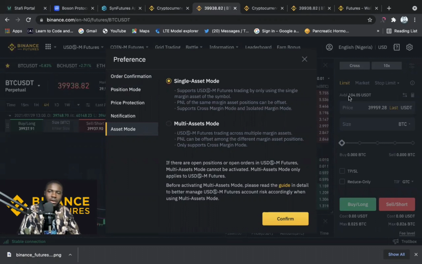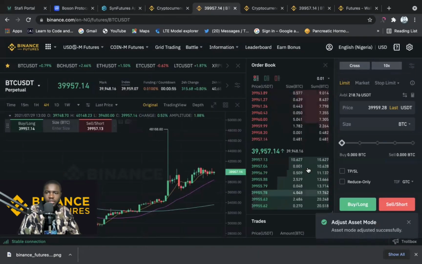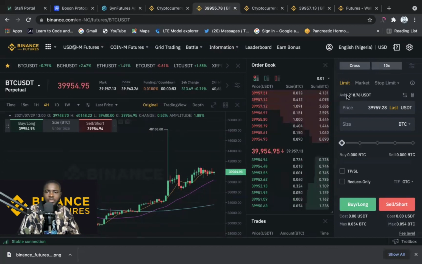Take note of my balances. I have 104 USDT and 114 BUSD. So when I click on multi-asset mode, right, and I click on confirm, you are going to see my balance has been merged together. Both my USDT and my BUSD have been merged together as one, right?